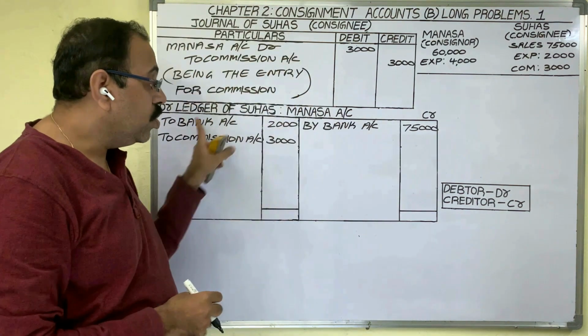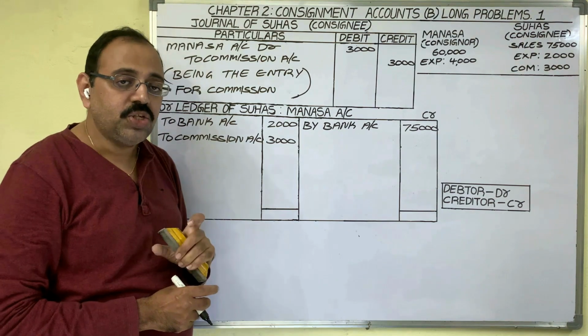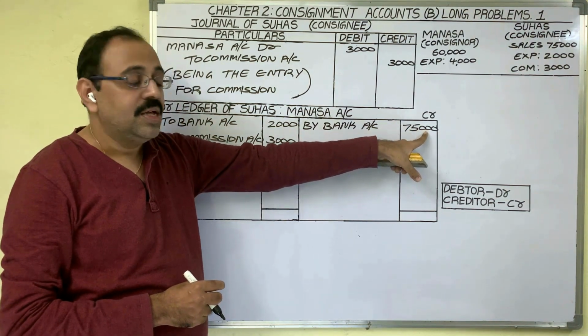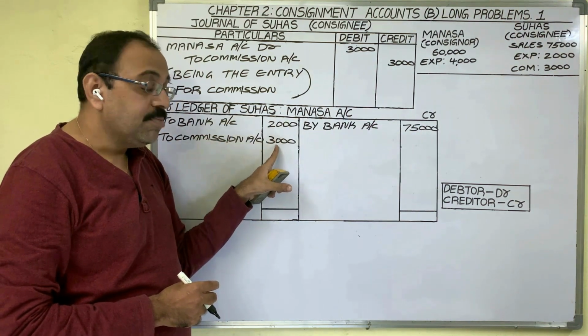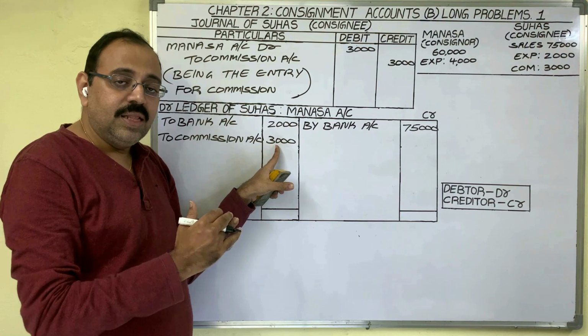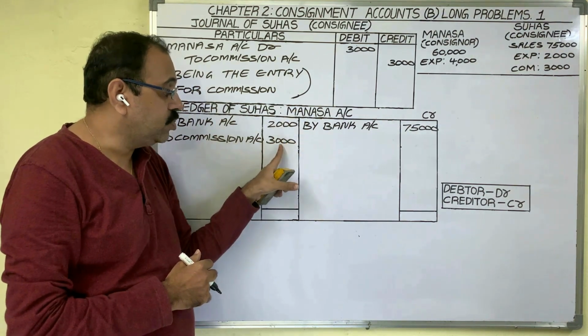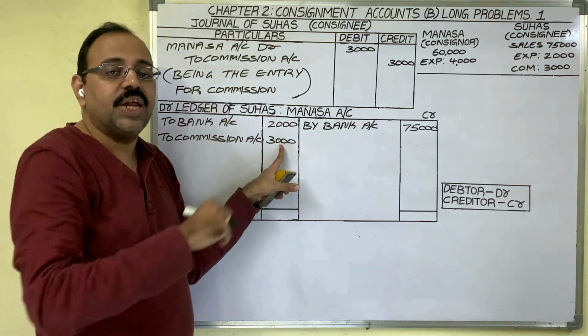Finally, we have to close this account. What is the meaning of this account? We sold consignor's goods for 75,000. From that, our expenditure, our commission we deduct. Then the remaining amount, 75,000 minus 5,000, 70,000, we have to pay to consignor.